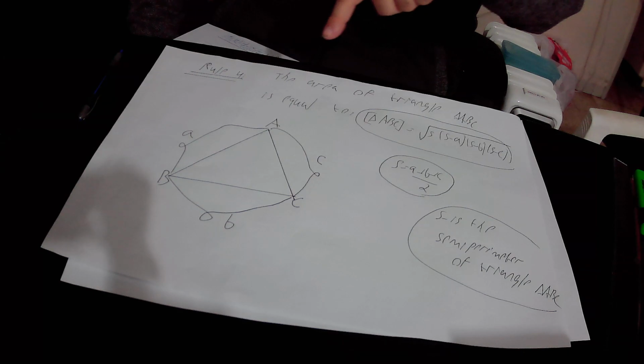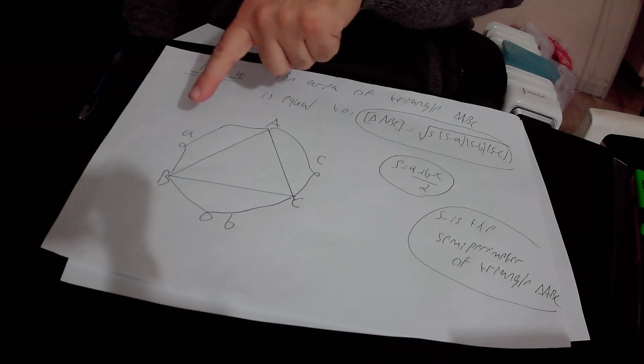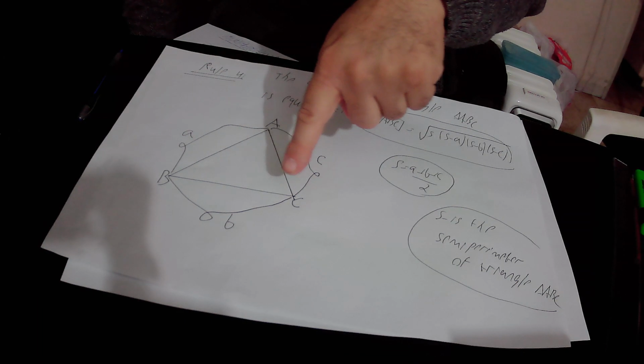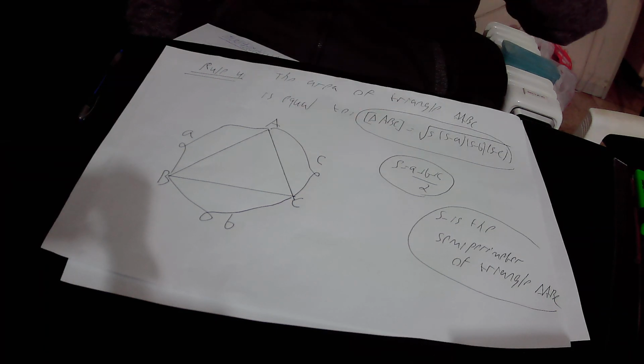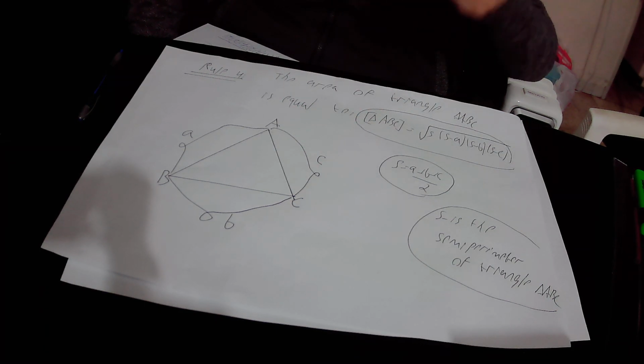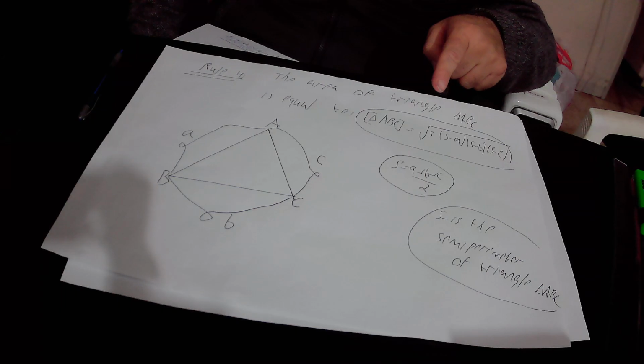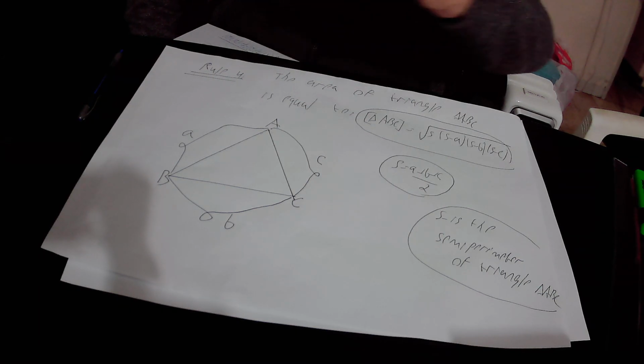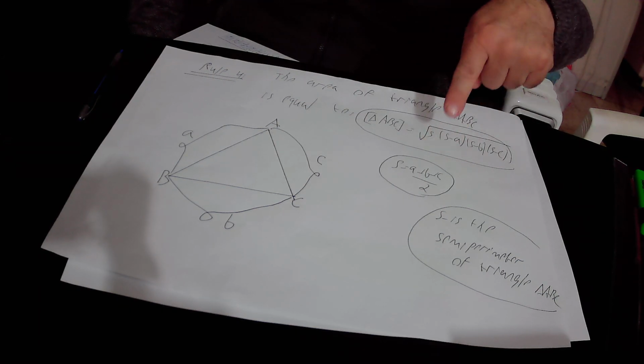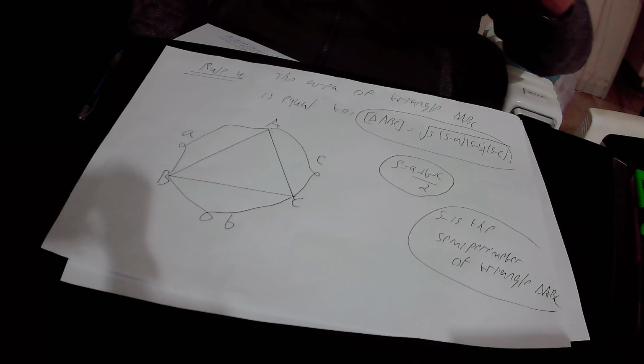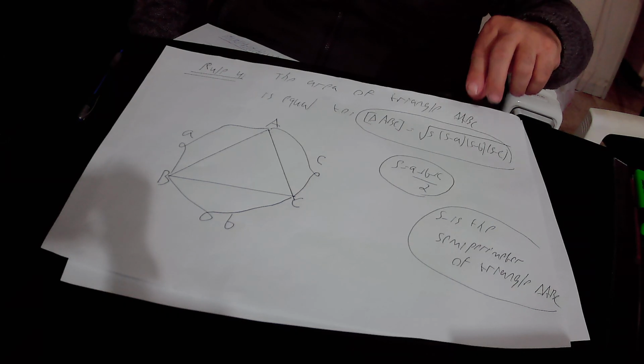I repeat again that the length of side AB is A, side BC equals B units, and side AC equals C units. So the area of triangle ABC equals the square root of S, where S is the semi-perimeter, times S minus A, times S minus B, times S minus C.